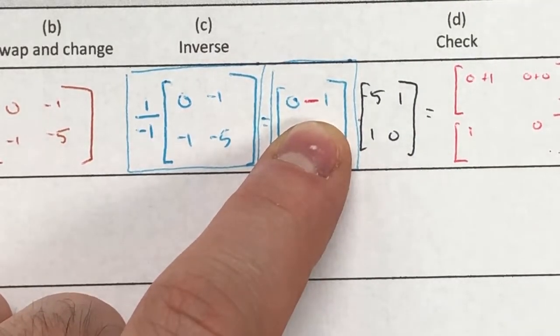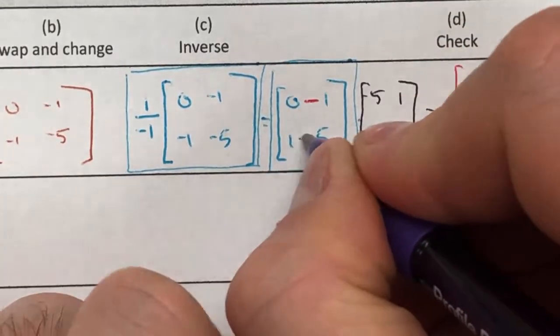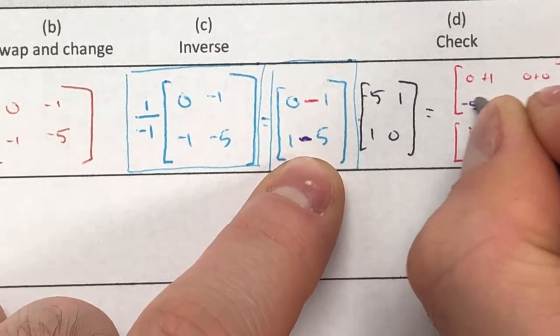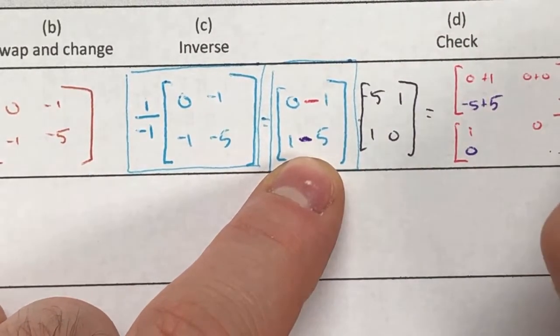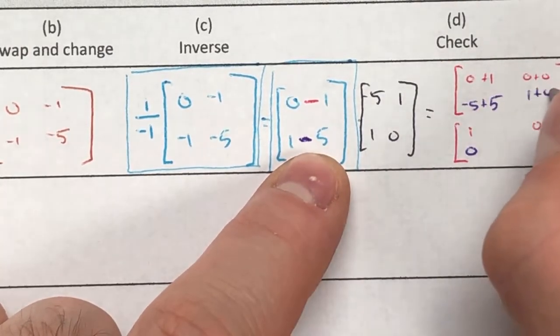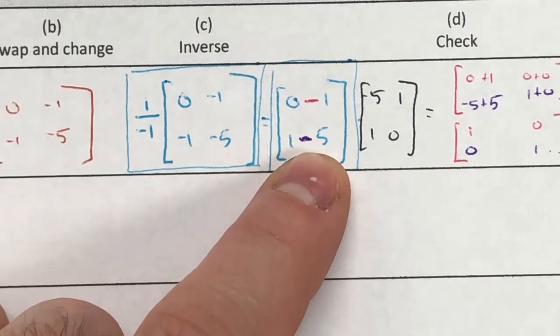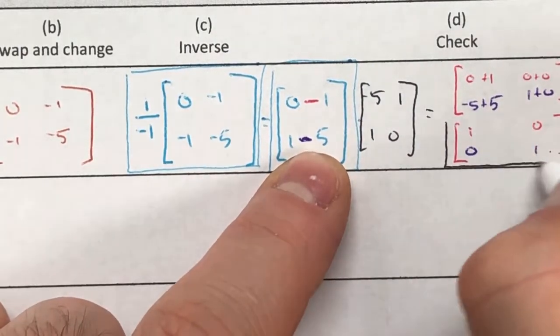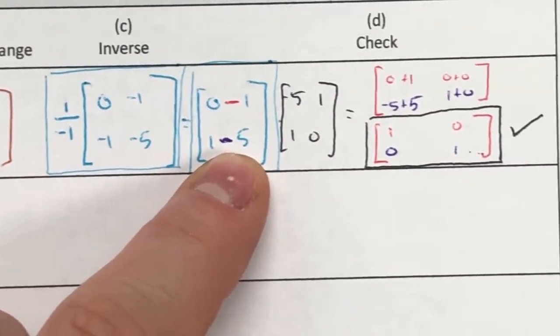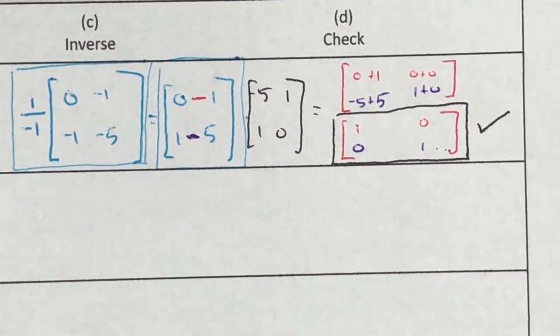I've already used blue, so let's use purple. First, that's going to give me a -5 plus 5. The second column, that's going to be a 1 plus 0, or a 1. Yes, in fact, it does check out. This process works.